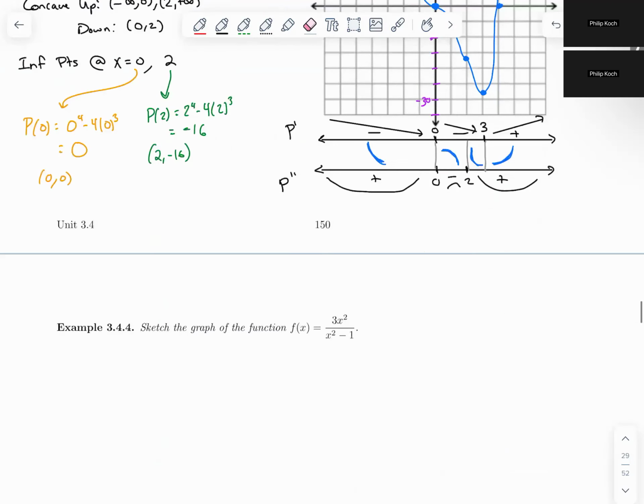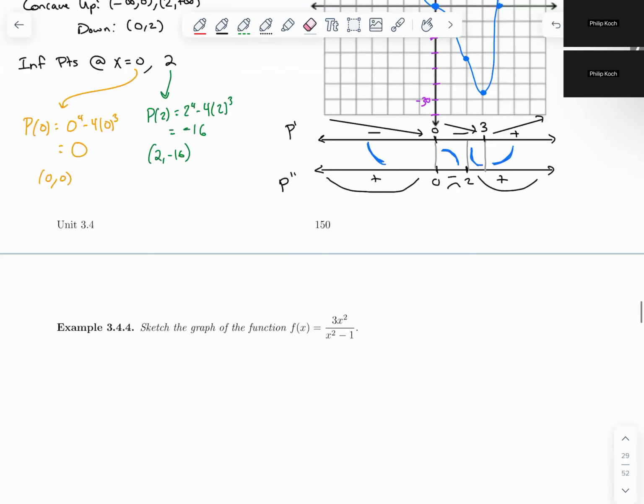Next thing, we're going to find our intercepts, any easy information that we already know from pre-calculus. For the x-intercept, that's setting the function equal to 0, setting your y values equal to 0 and solving. So 3x squared over x squared minus 1 equals 0, which gives us 3x squared equals 0, which gives us x equals 0.